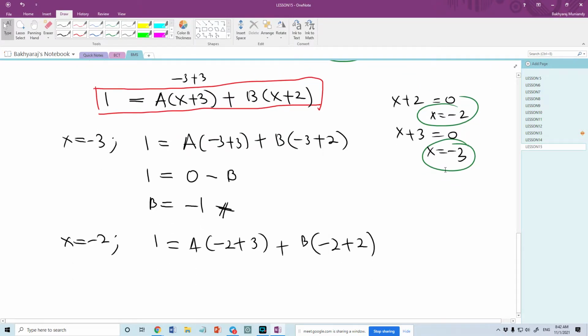So what I get: 1 equals, 3 minus 2 becomes 1, so we get A. And this one at the back, negative 2 plus 2 is 0. So A equals 1. Okay, so we have completed the partial fraction, the first part.